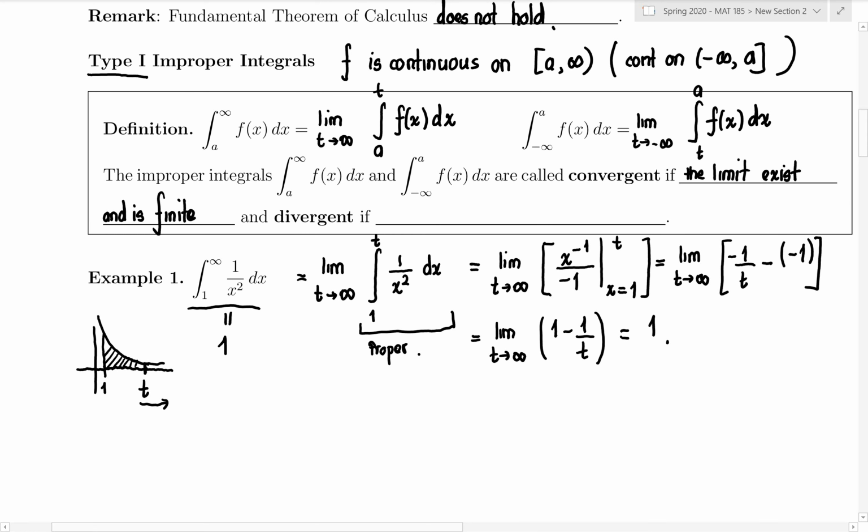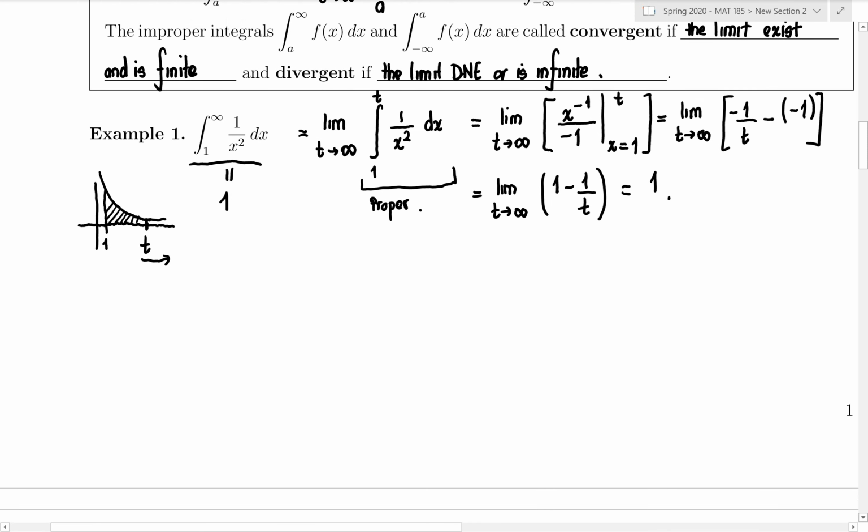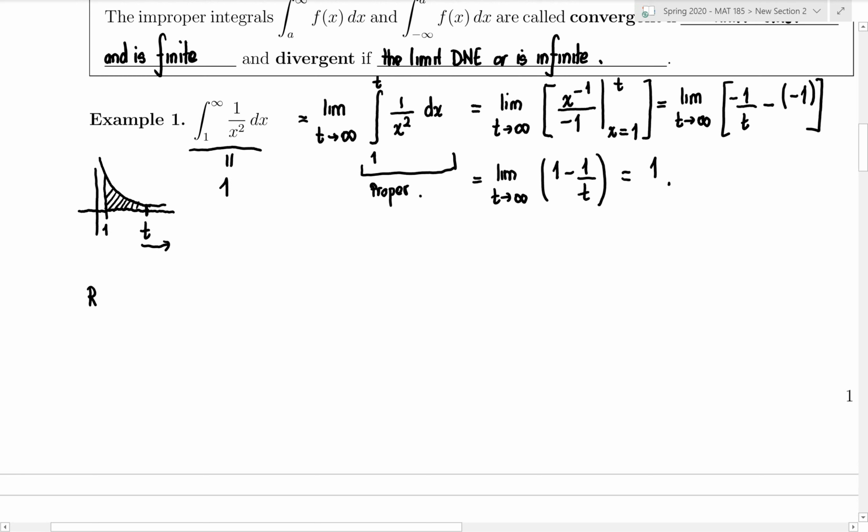In that case, we say it is divergent if the limit does not exist or is infinite. So that's what it means for it to be convergent and divergent.